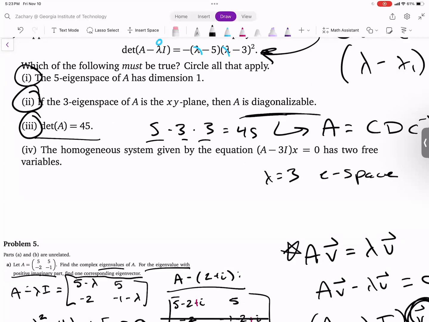So what must its geometric multiplicity be? 1 or 2, right? So this is saying for our eigenspace of lambda equals 3, must we have two free variables? Must we have a dimension of 2? No. You don't have to. Okay, so this one's false. Okay. Any questions on this?